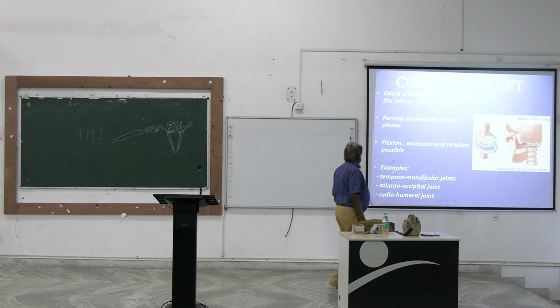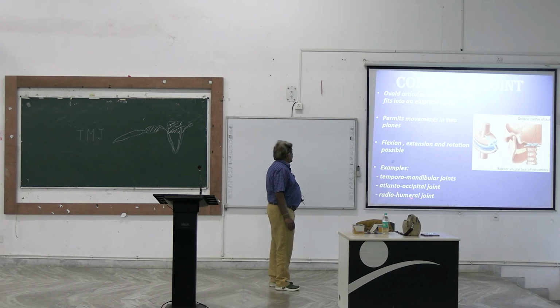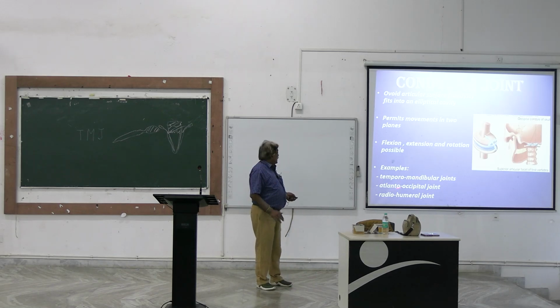Examples: temporomandibular joint, TMJ as I told you, atlanto-occipital joint here, and radiohumeral joint. This is the radius, and here the lower end of the humerus.